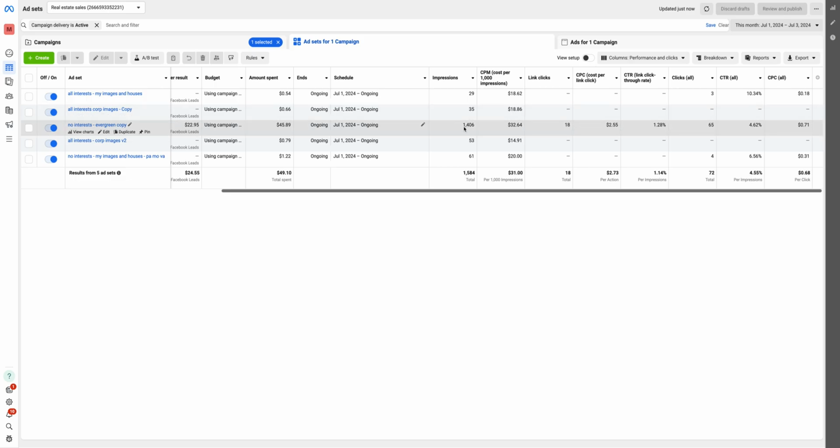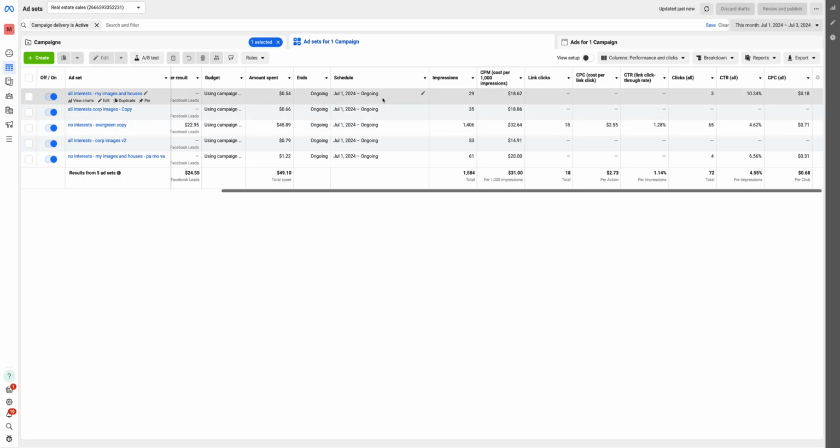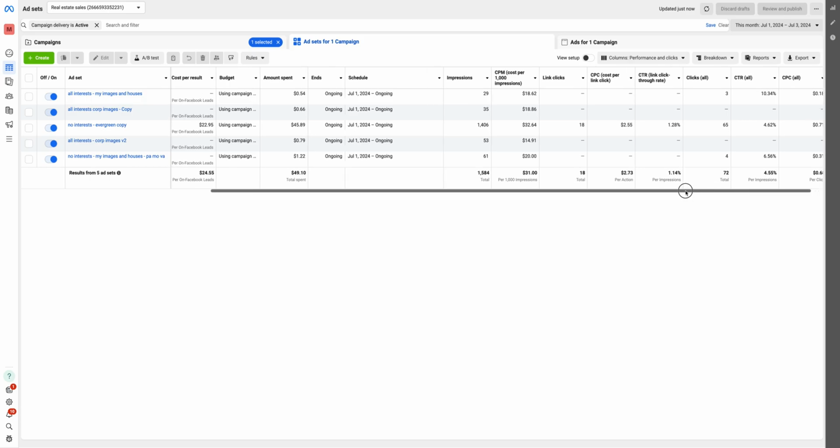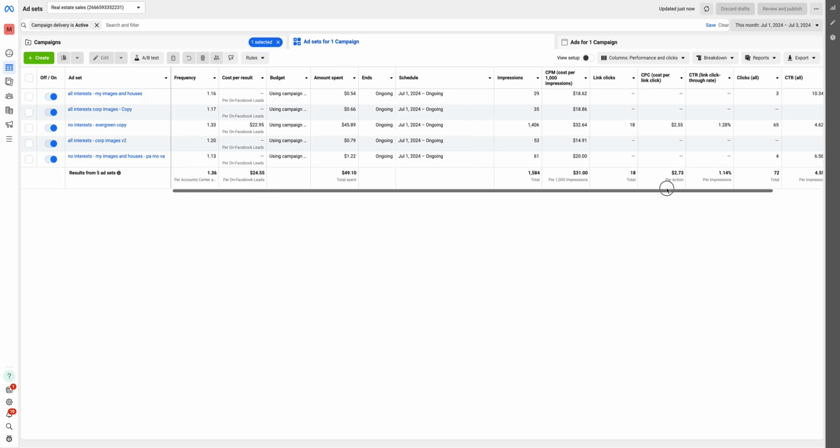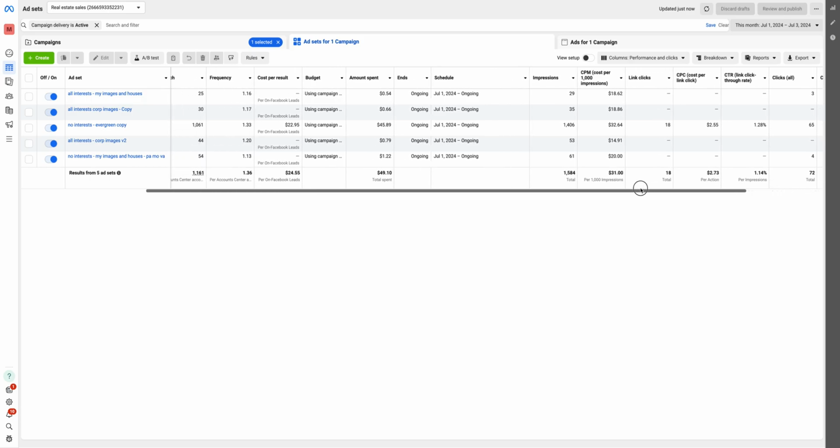We got a click-through rate of 4.62, which is funny because this one up here has a higher click-through rate. 10.3% is huge, right? But they're still not putting energy behind it like they are this evergreen copy. Interesting.